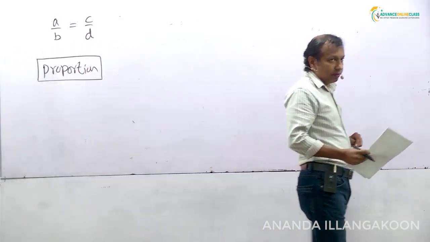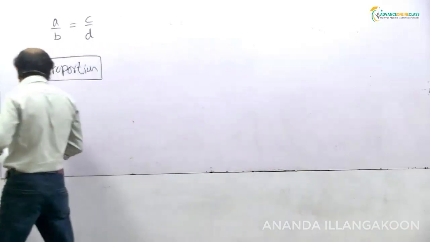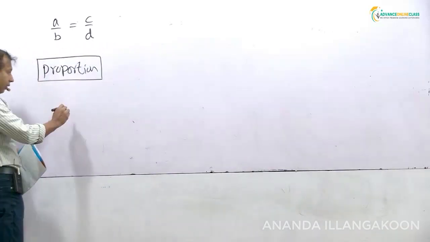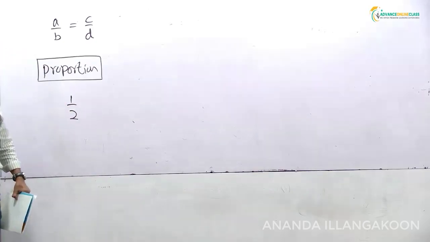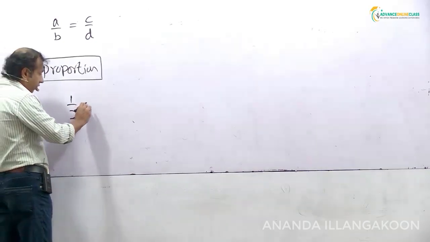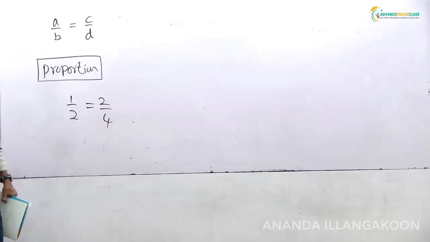Now there we first discussed the first property of the proportion. For example, when I take a half, this half is a fraction. An equal fraction to this is 2 upon 4. That's the obvious thing: 2 upon 4 is nothing but half.